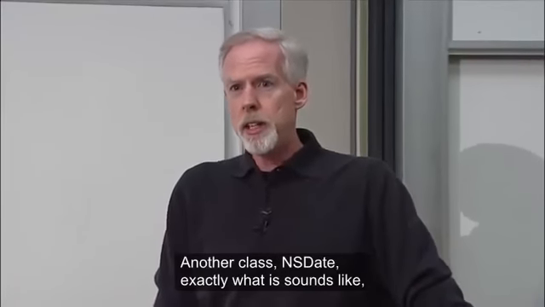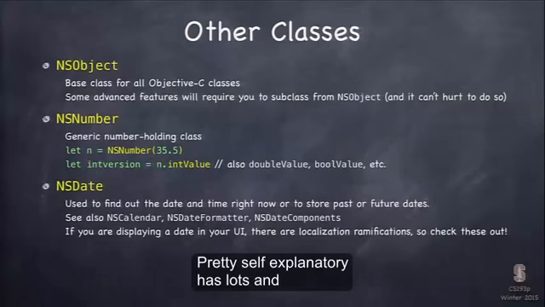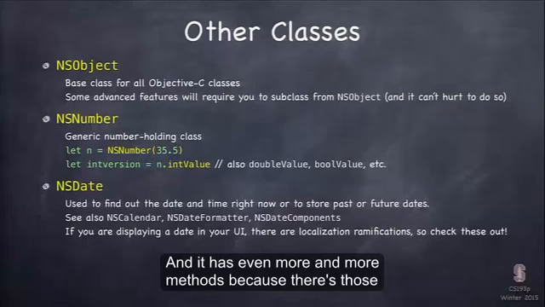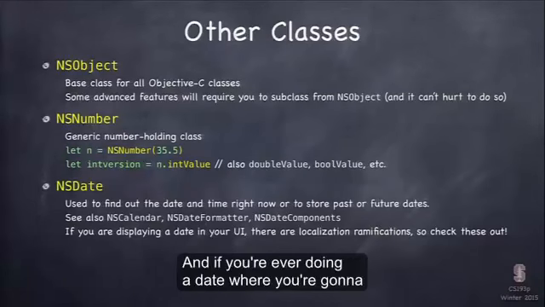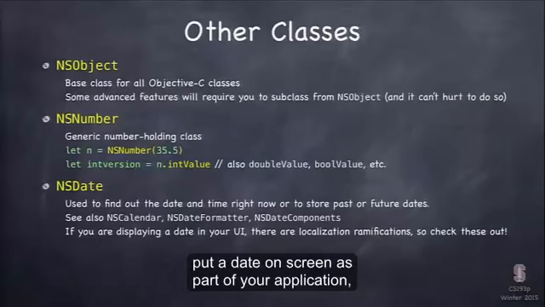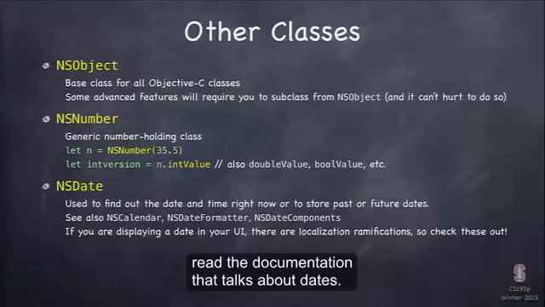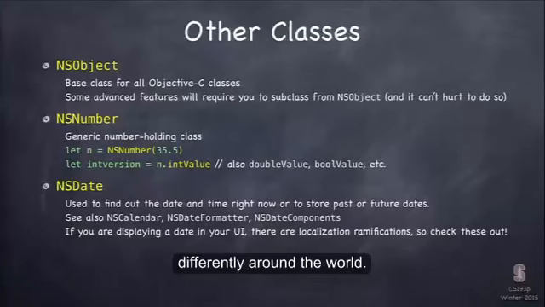Another class, NSDate, is exactly what it sounds like. It stores a date, and lets you get the current date and time too. Pretty self-explanatory, it has lots and lots of methods in it. And it has even more methods because there are those three other classes mentioned here: Calendar, DateFormatter, and DateComponents. If you're ever going to put a date on screen as part of your application, you really want to look at all these classes and read the documentation that talks about dates, because dates are displayed very differently around the world.